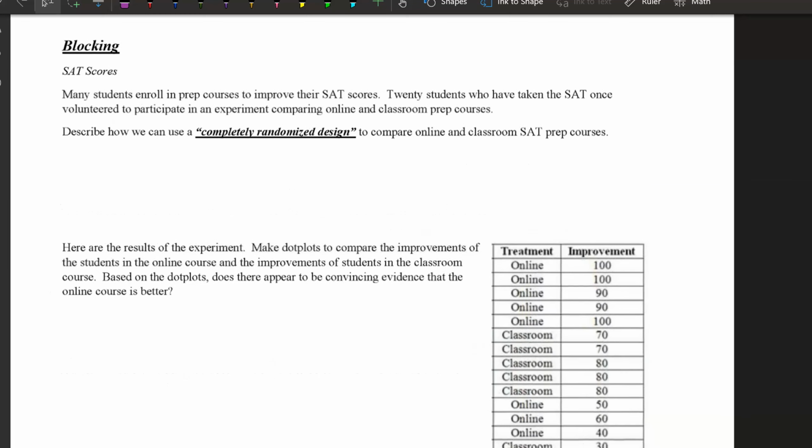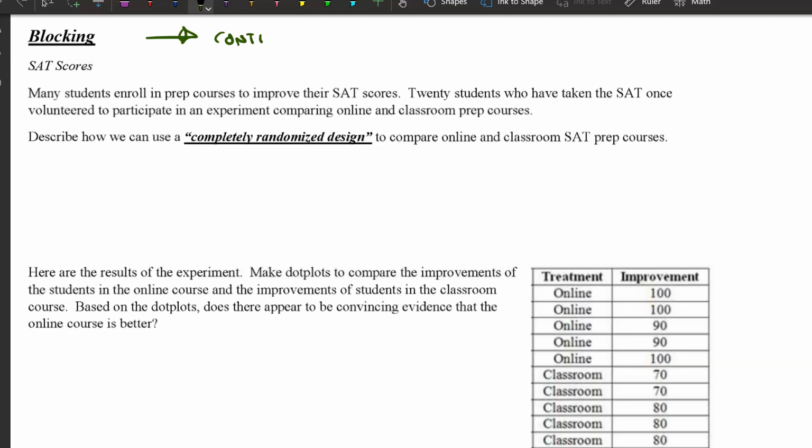So we said there were uncontrollable variables like gender, GPA, or teacher. We said there were some variables we can't control. Blocking allows us to control one or more, maybe, of these previously uncontrollable variables.